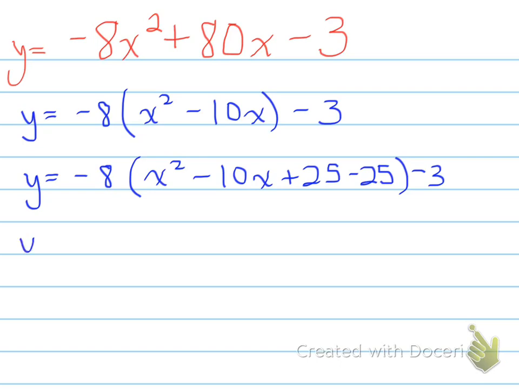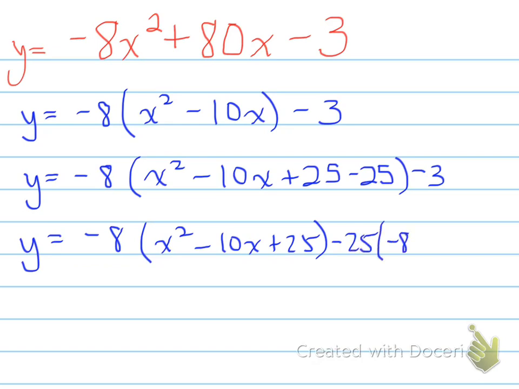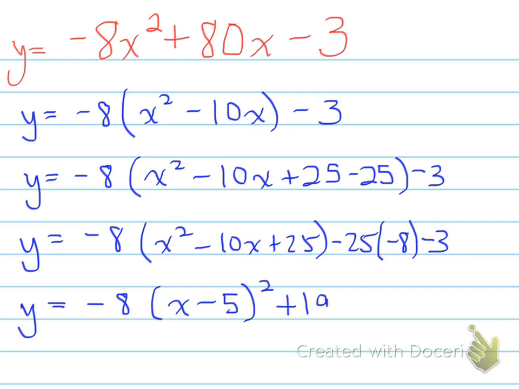Next step is we kick out the negative twin. We have x squared minus 10x plus 25, minus 25 times negative 8, minus 3. y equals negative 8 times x minus 5 all squared, plus 200 minus 3 is plus 197.